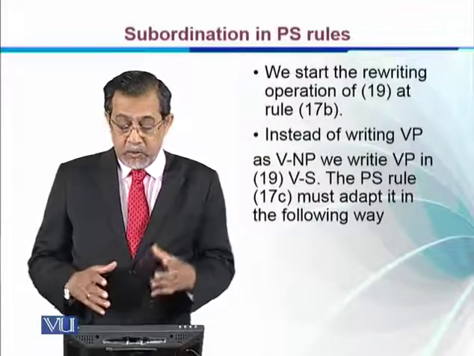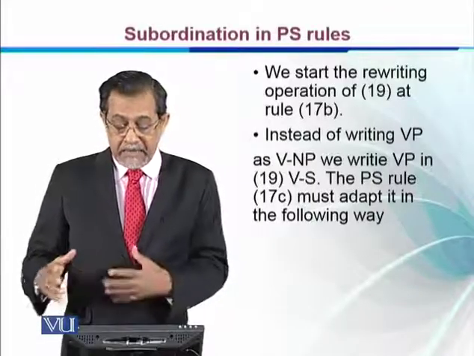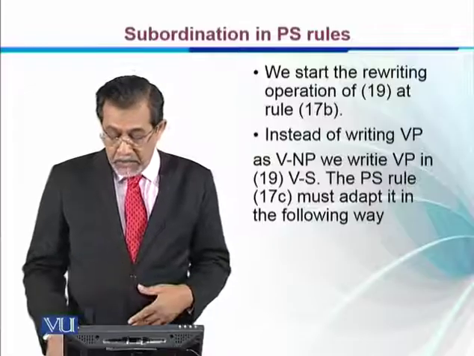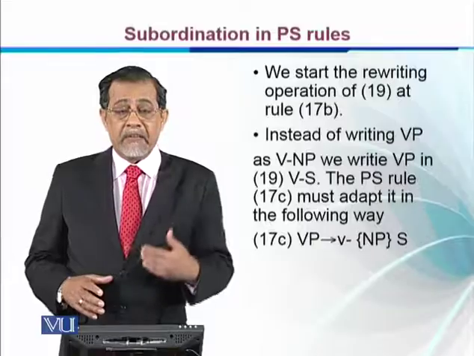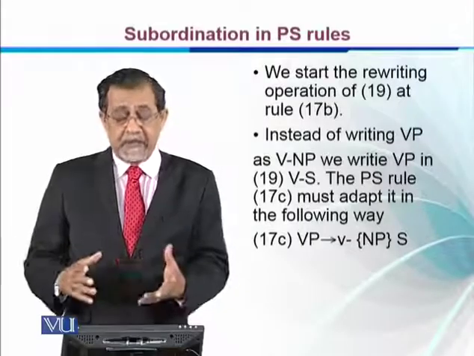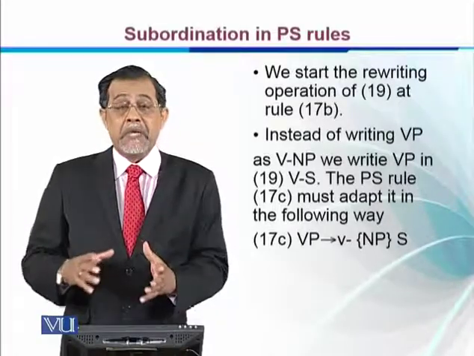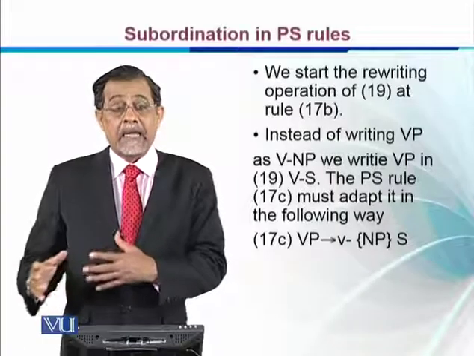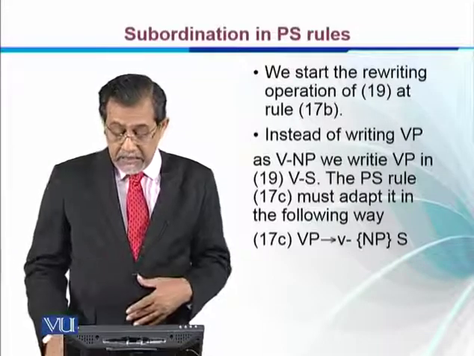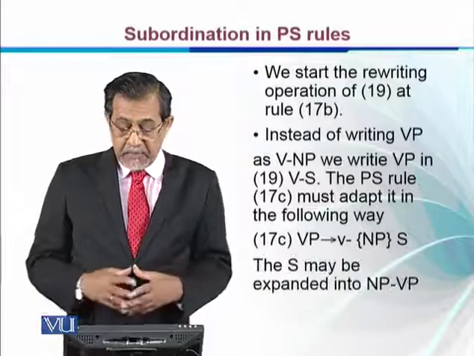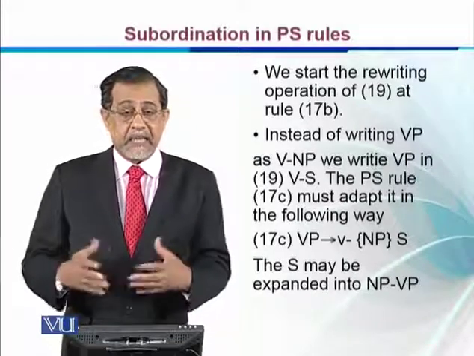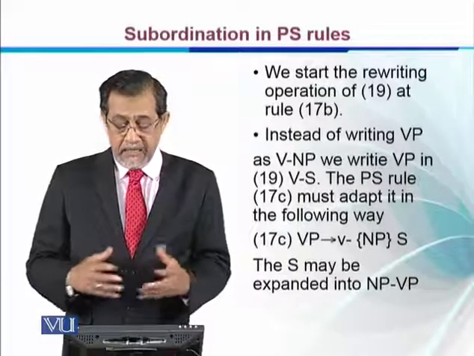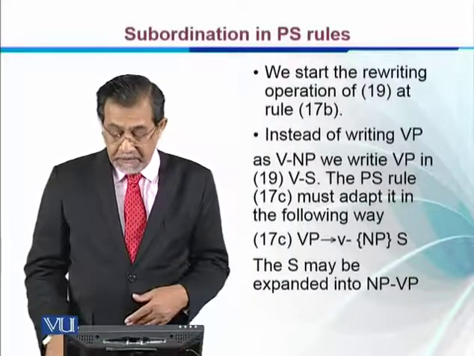The PS rules in 17 must be adapted in the following way: VP rewrites as V, that is verb, and NP or an S, right? So the S may be expanded into NP and VP. Obviously, S, like any other independent S, can have NP and VP.